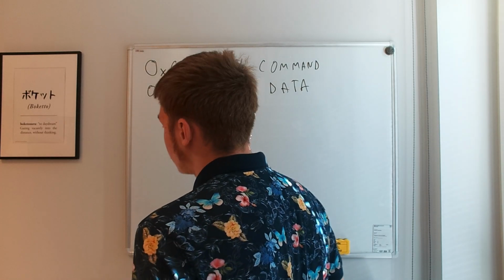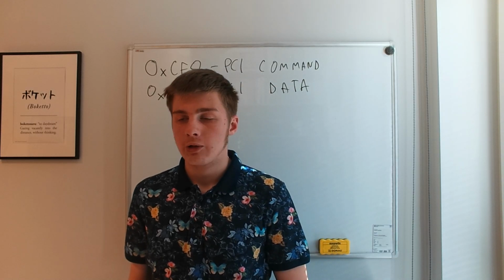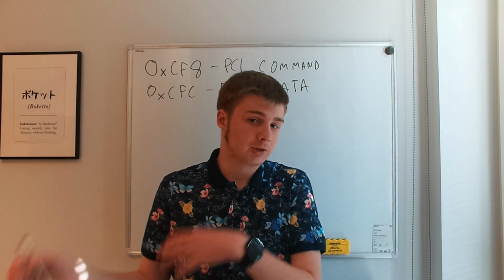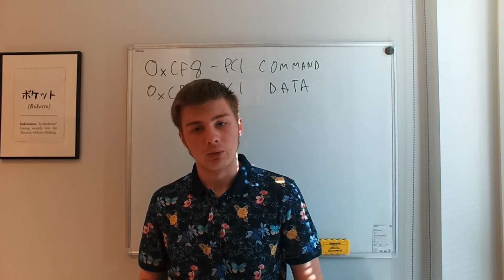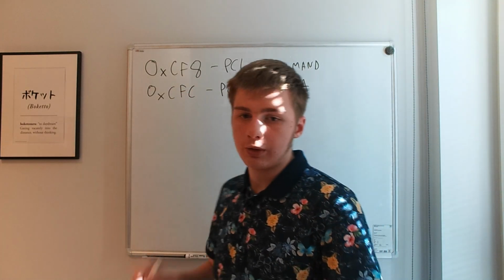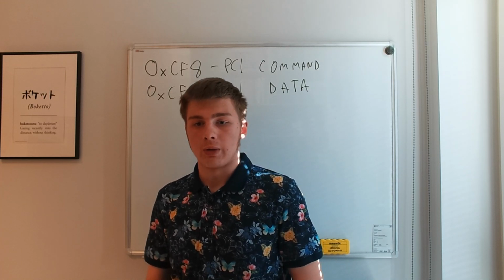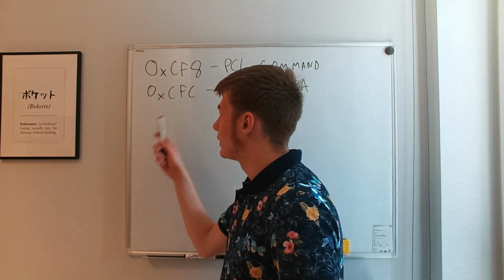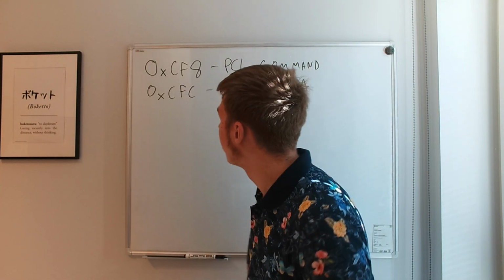I should also mention that all the I/O bus communications this time will not be 8-bit, because all of the I/O bus communications that I previously talked about were 8-bit. We were receiving and sending individual bytes. Over here, we'll use the wrappers that I talked about, outl and inl, so out long and in long, which means that we'll be sending and receiving 32-bit values.